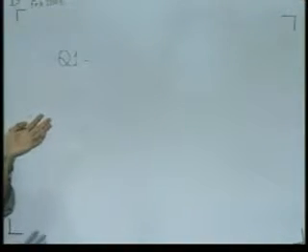Now, normally, we have been dealing with situations where we convolve two aperiodic functions, right? But now we'll take an example of convolving one periodic function with one aperiodic function. So let's take the following example.